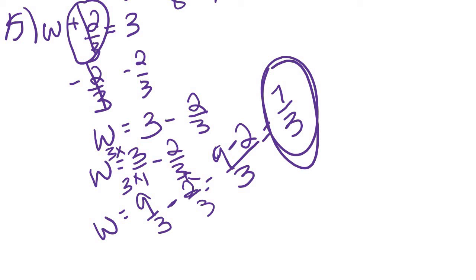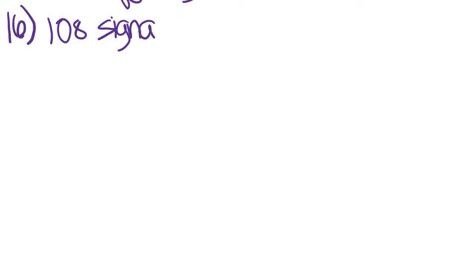All right, and on to the last problem for this section, number 16. Robin needs 108 signatures for her petition. So far, she has 27.